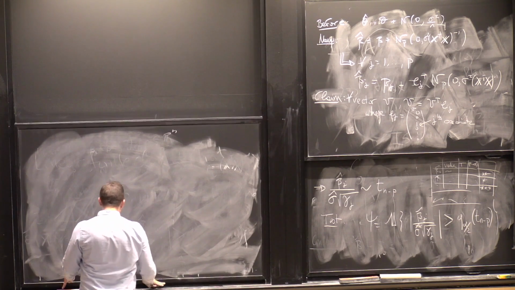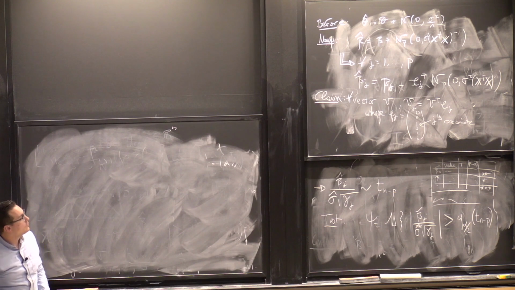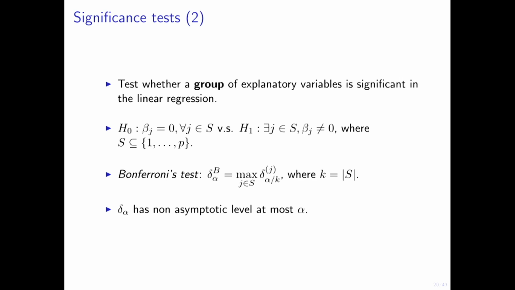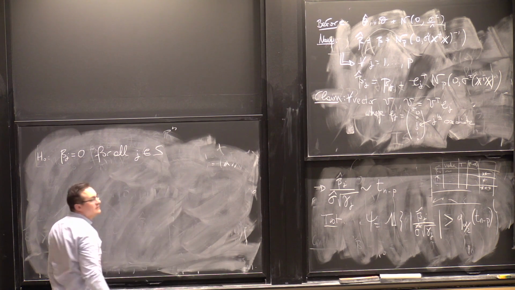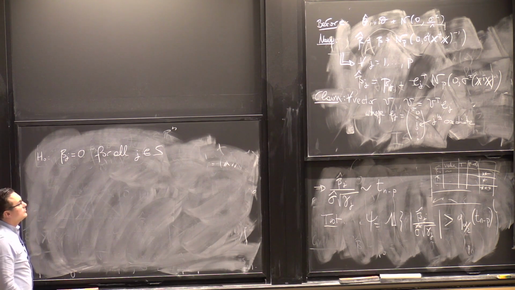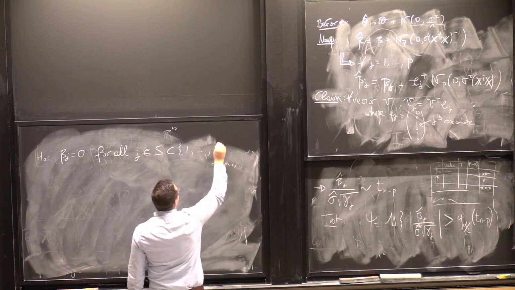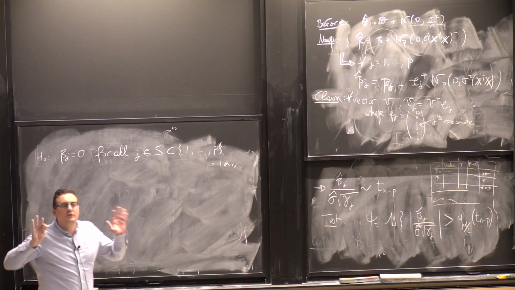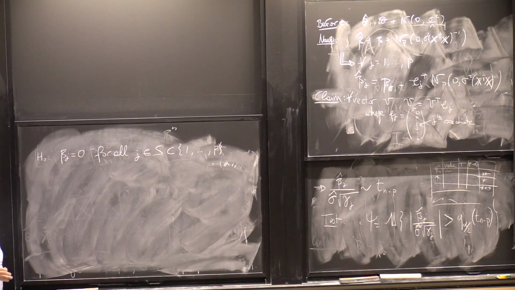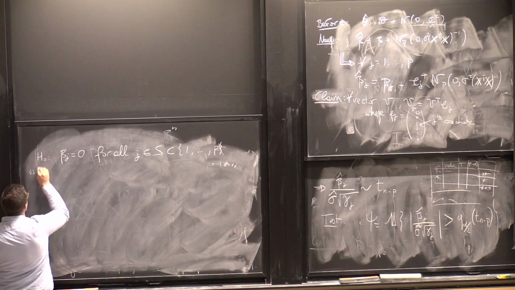So recall, if I want to perform this test over there, where I want to test H0, that beta j is equal to 0 for all j in some subset S. So think of S included in 1 to p. You can think of it as being all of 1 to p if you want. It really doesn't matter. S is something that's given to you. Maybe you want to test just a subset of them, but maybe you want to test all of them.